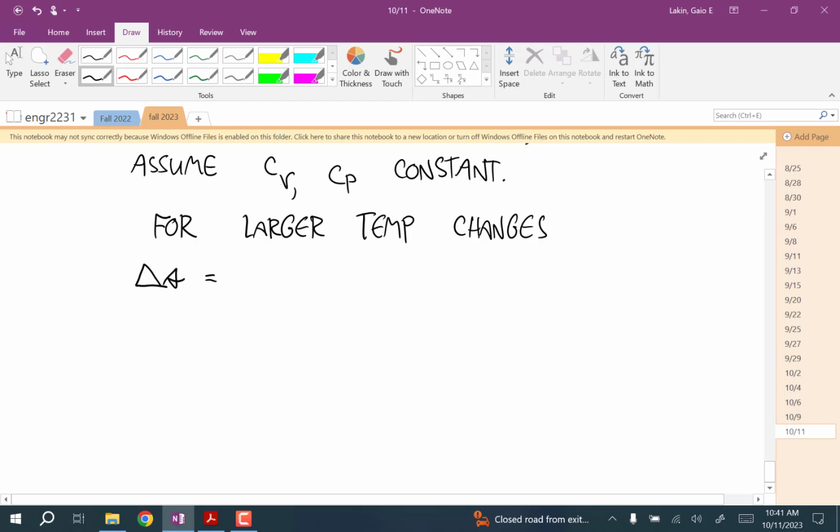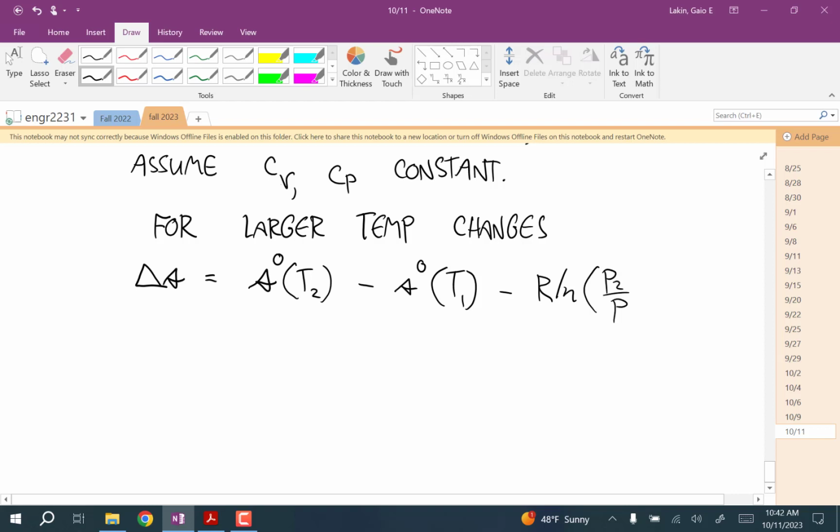Ideal gas tables are also in those complete property tables. And what you have is s0 of the later temperature minus s0 of the earlier temperature minus R times the natural log of P2 over P1. So these you're going to look up in the ideal gas table.